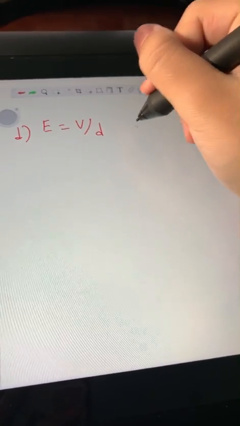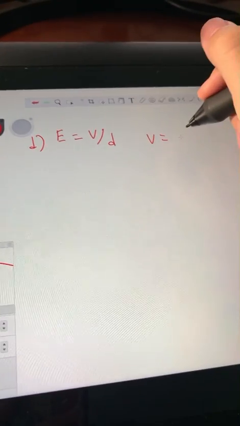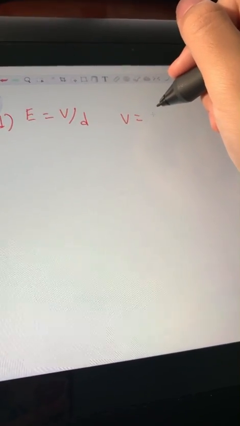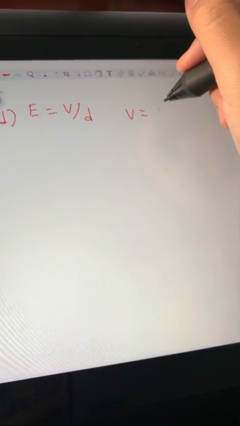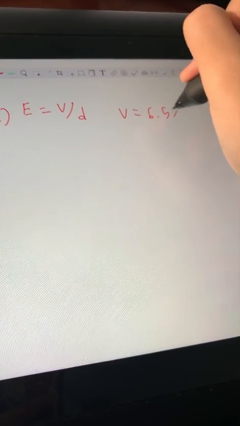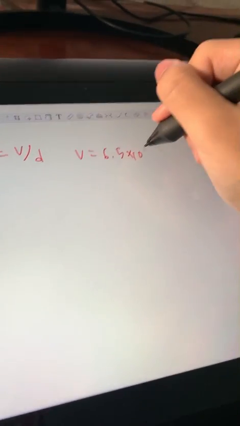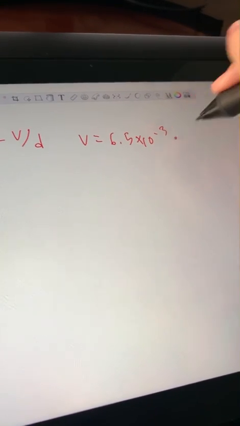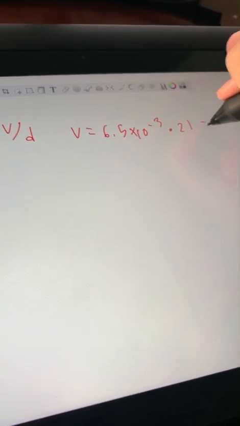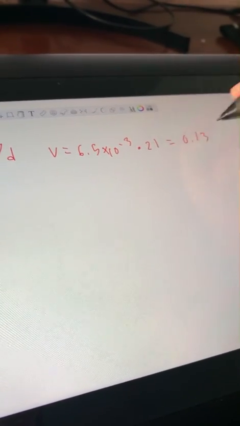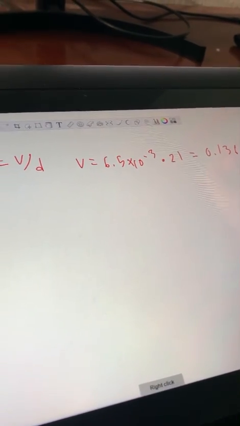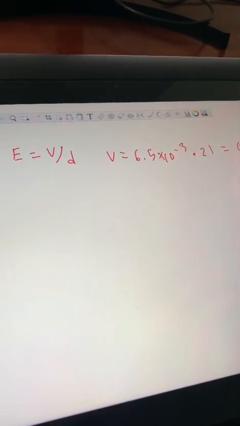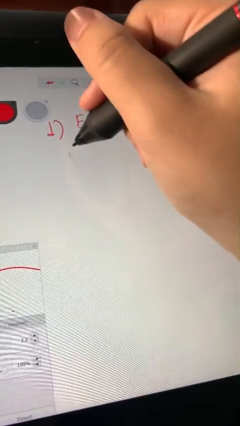So instead we're going to rearrange it to V equals 6.5 times 10 to the power of negative 3, and then we're going to multiply this by 21 to get 0.1365, and this will help us find the next section, which is the resistance.